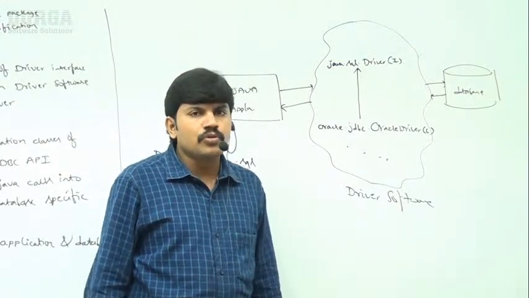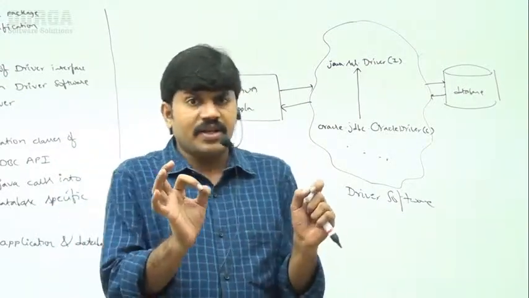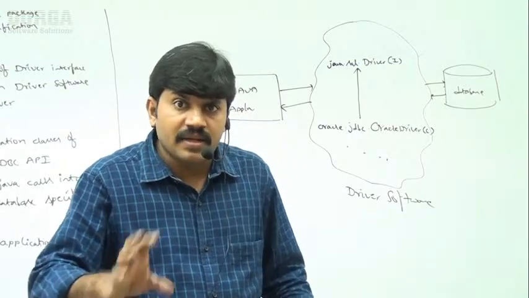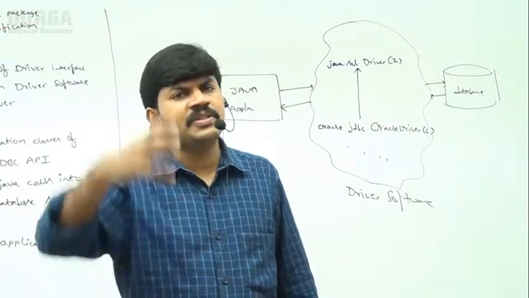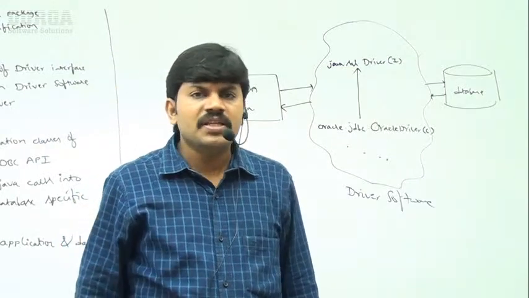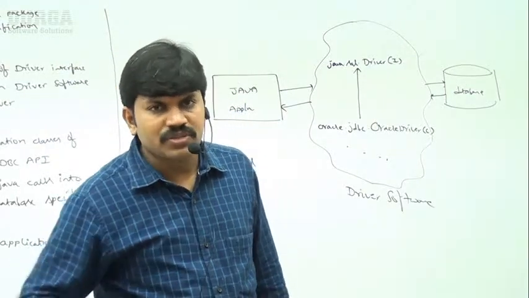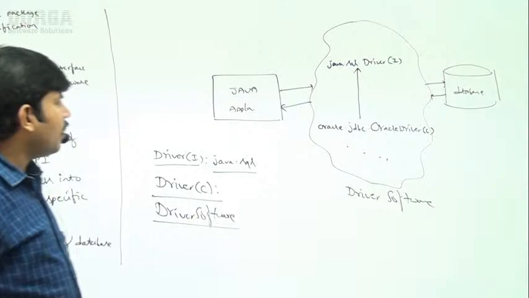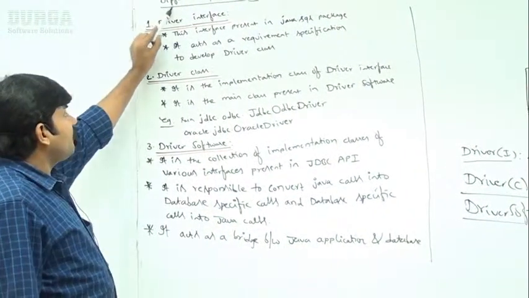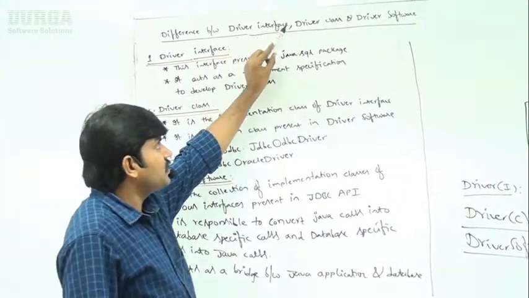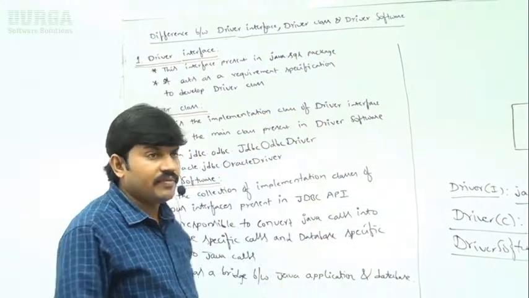So don't think too much. What is driver interface, driver class, driver software? Just let me summarize whatever we covered, sir. In general, in JDBC, I'm always using this type of terminology, sir. Okay, now have a look once. Sir, the difference between driver interface, driver class, and driver software.